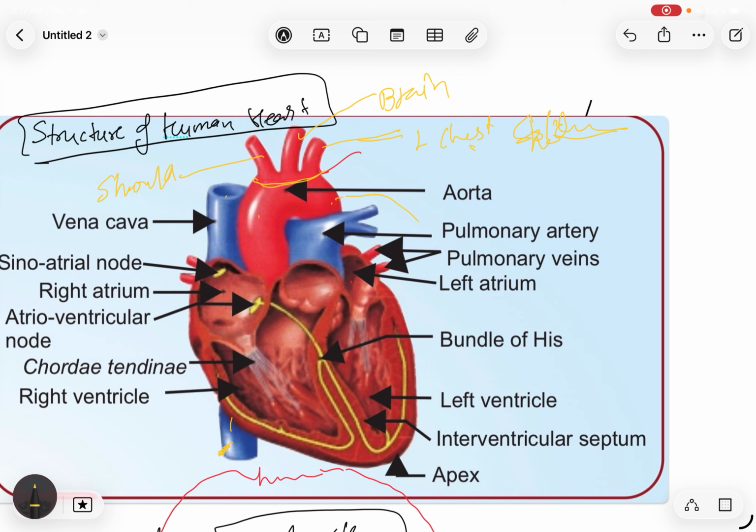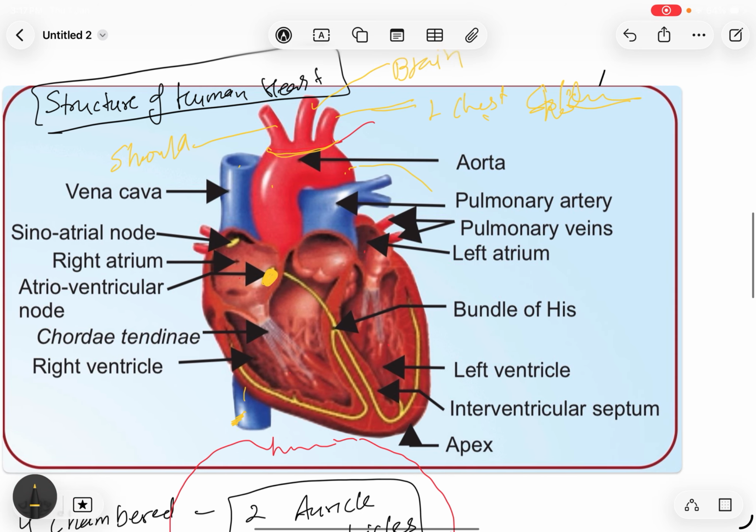Okay, and now the interesting fact is that in the heart, towards the right auricle, there is a structure which can produce its own electropotential differences. By electropotential, we mean an electropotential difference is created, and this structure is known as the SA node.